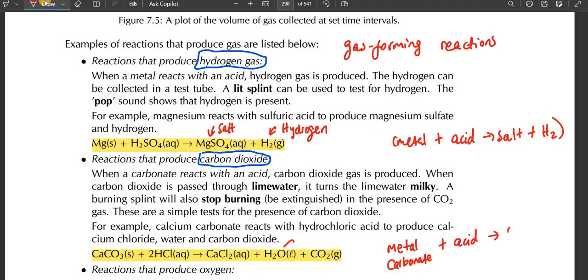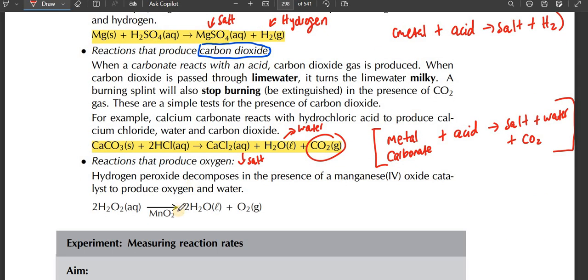What you produce is a salt plus water plus carbon dioxide. And you can see this is your salt here, this is your water, and this is your carbon dioxide here. So it's a very common reaction that they like to put in the exams, so just take note of it.